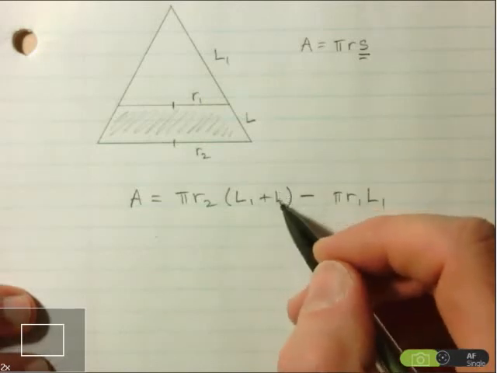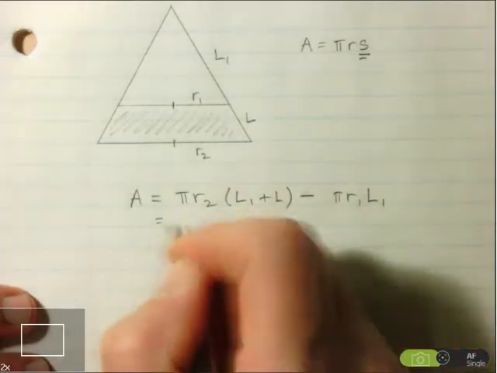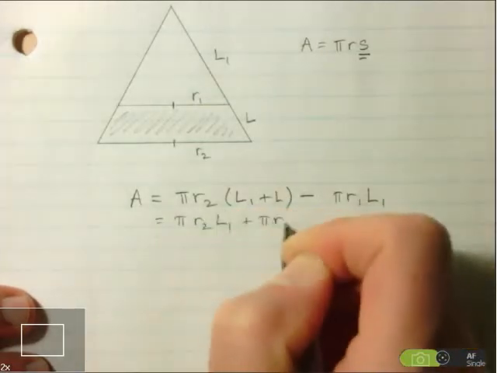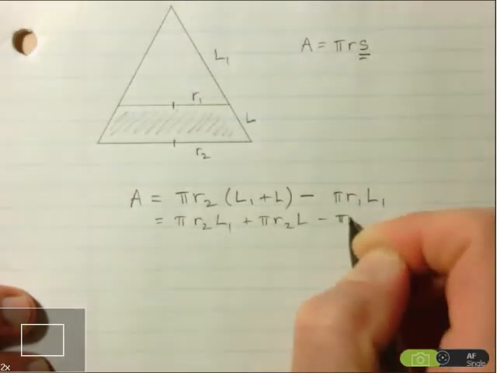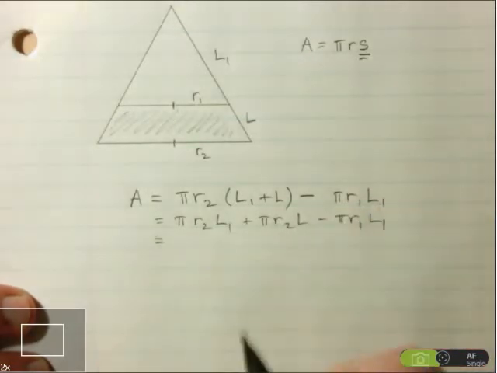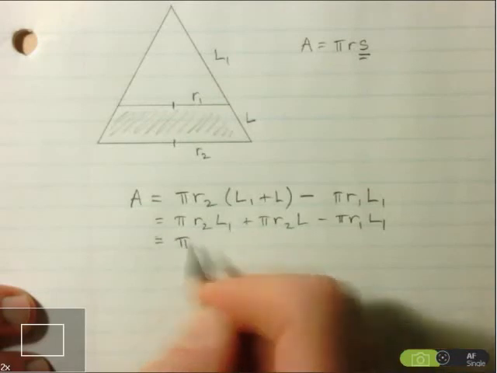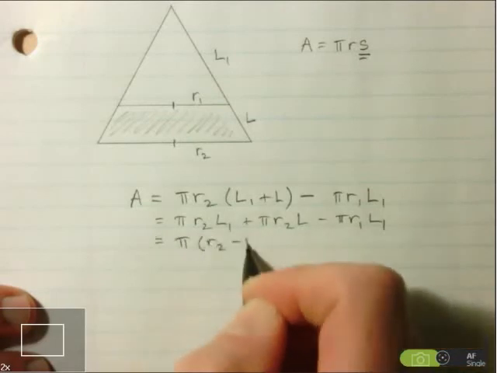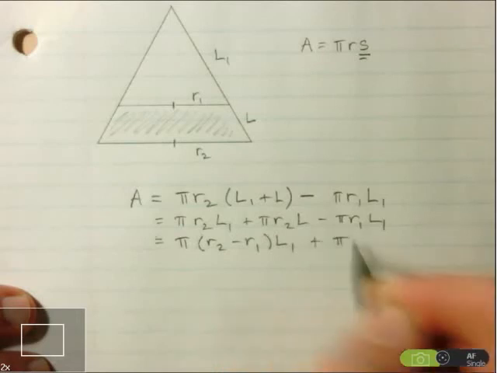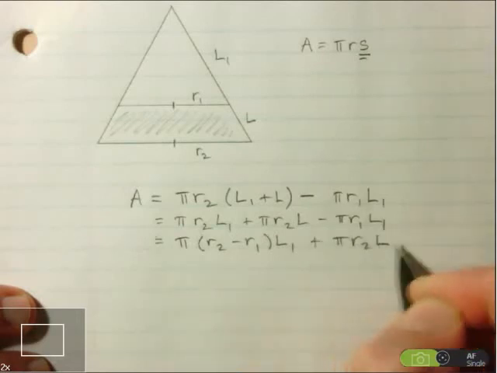So let's see what we can do with that. We'll rearrange: pi R2 L1 plus pi R2 L minus pi R1 L1. I'll bring together everything that's got an L1: pi times R2 minus R1 times L1, plus pi times R2 L.